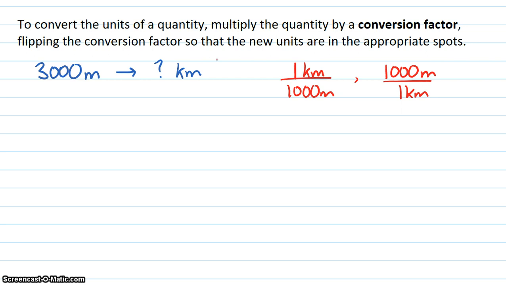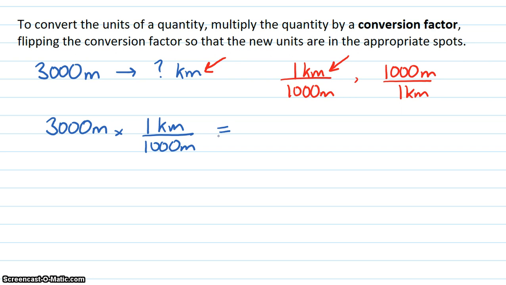This time, we want to end up with kilometers on top. So we choose the ratio that has kilometers on top. So we take our quantity, the 3,000 meters, and multiply it by the 1 kilometer divided by 1,000 meters ratio, or conversion factor.